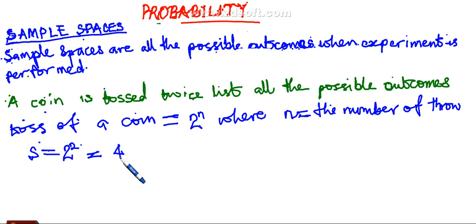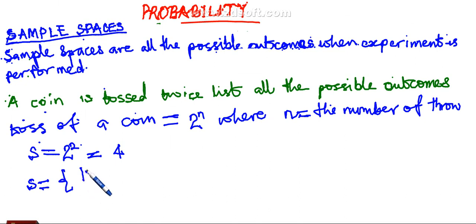If we are to list all the elements in S, a coin has two sides. It has the head and the tail. So opening our braces, we have the first part.